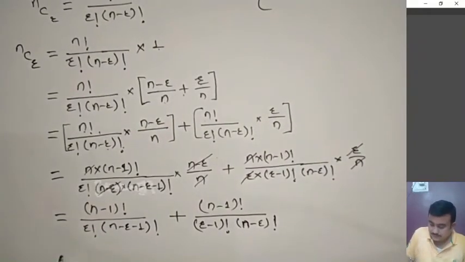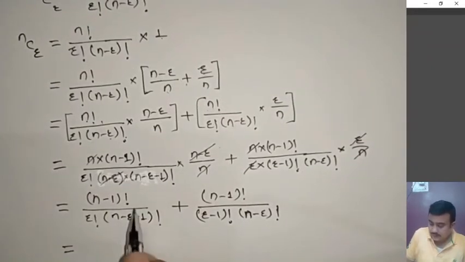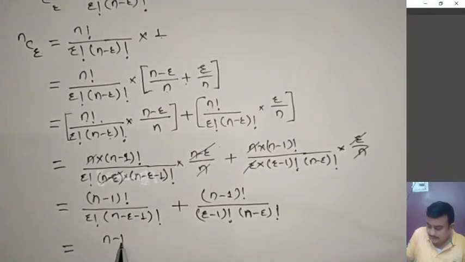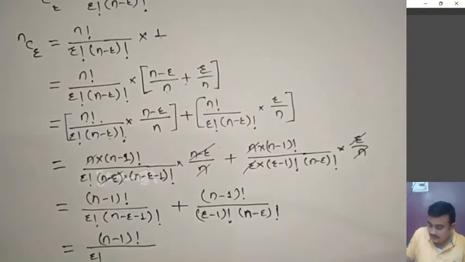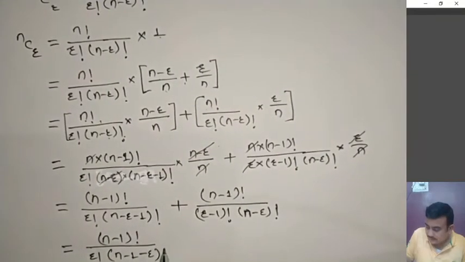Now, in the place of this value, we will again represent this as our term. So n minus 1 factorial divided by r factorial in bracket n minus 1 minus r factorial.